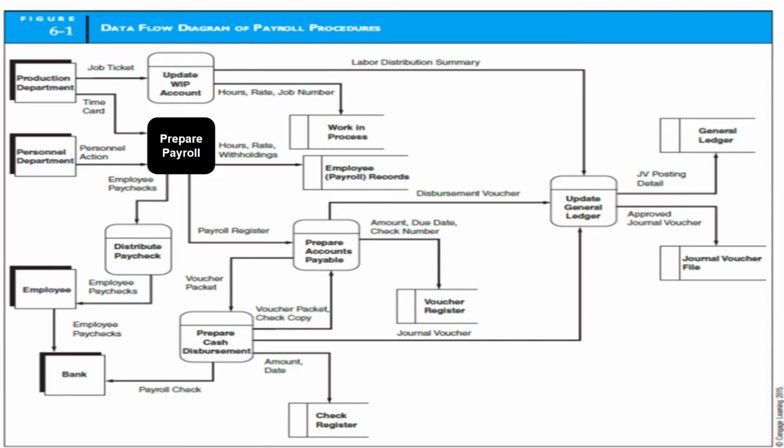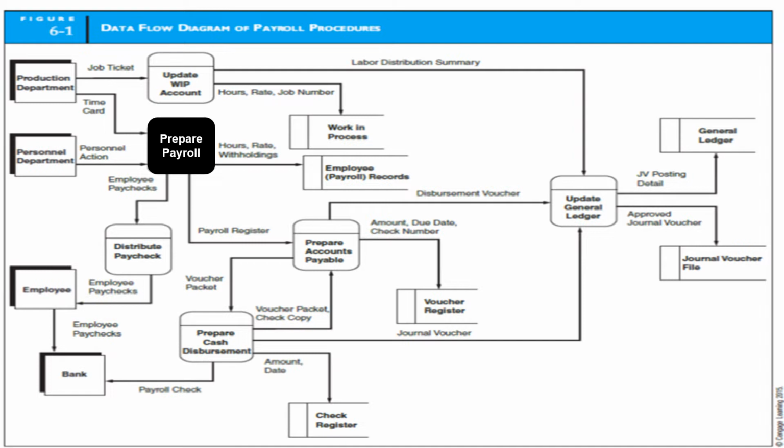We start with preparing the payroll. And when we prepare the payroll, we should start by bringing the information from the personnel department, when there is any new personnel action, as we said, such as activating new staff, or changing the payment or salary rate and so on.